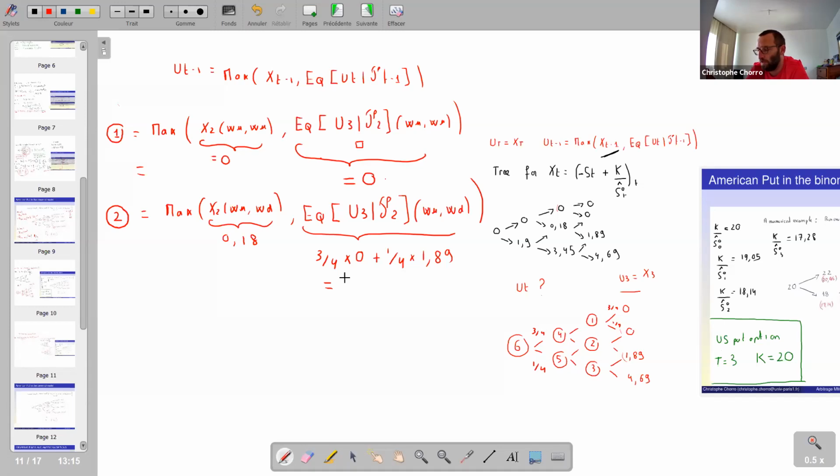So let me do the job once again. So 2, yes, it's exactly this one, excuse me. So I obtain this quantity that is equal to 0.47, and I obtain 2 equal to 0.47 because it's the max between the two quantities. You will have more details on the computation in the lecture notes, and here I just give you the result, because I have done it for 2.